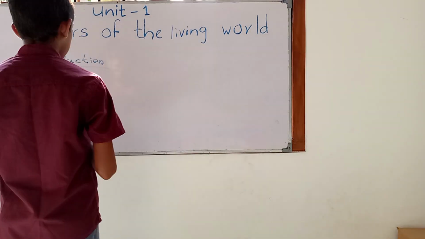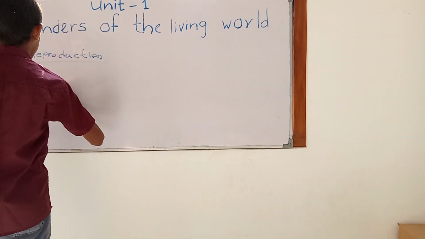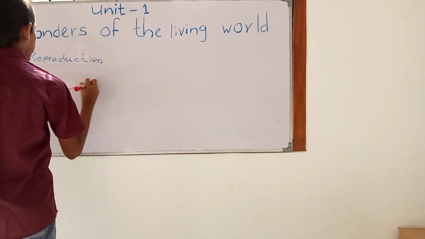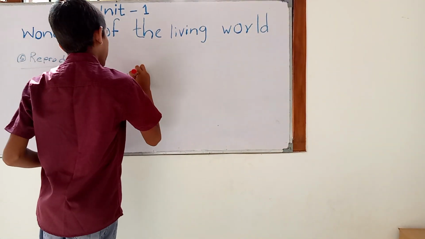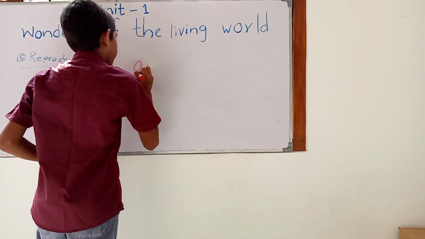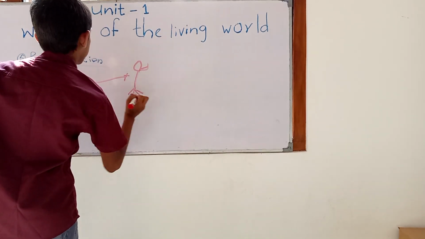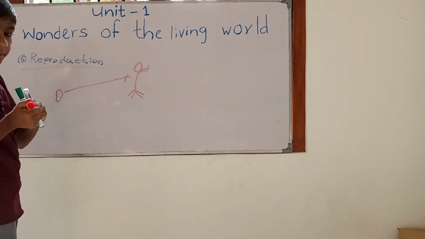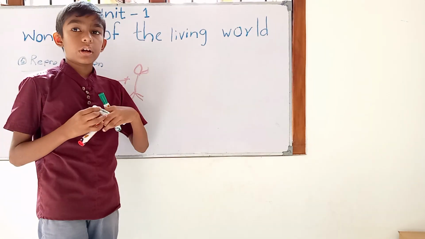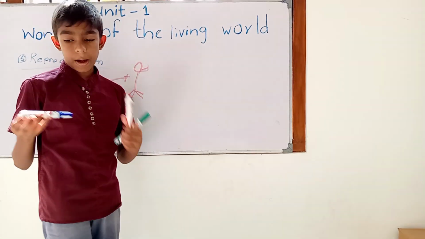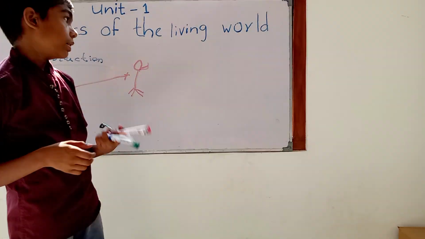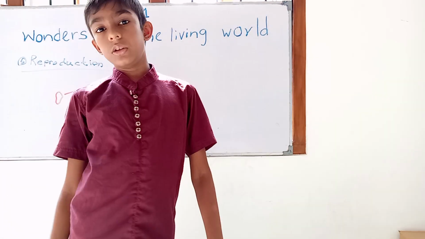Examples: the germination of seeds, which we talked about in growth, a dog giving birth to a puppy, and a mother giving birth to a baby.